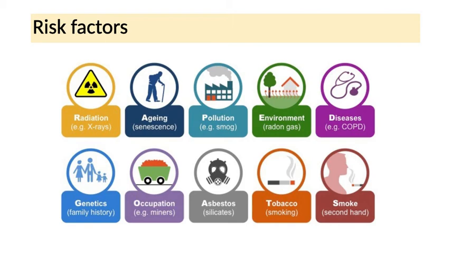And genetics, occupation. Some people who work as miners, for example, are at high risk of getting lung cancer. Asbestos or silica, by the way: in the past people used asbestos for ceilings, but nowadays it has been banned, I believe, in many countries, because science has proven that asbestos is very dangerous. And again, smoking. So may I suggest you please not to smoke, young people, because you really need your lungs to have a healthy life.